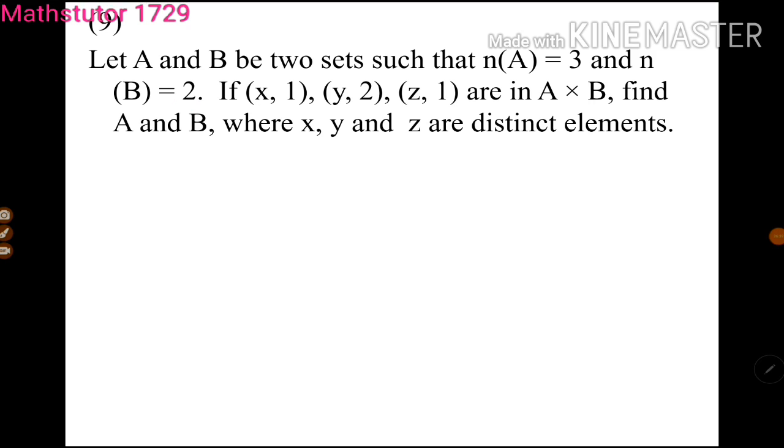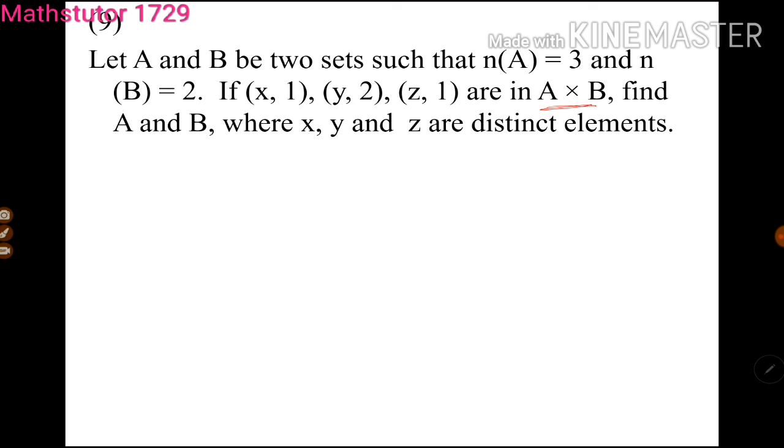Next problem. Let A and B be two sets such that n(A) is equal to 3 and n(B) is equal to 2. If the ordered pairs (x, 1), (y, 2), (z, 1) are in A cross B, the Cartesian product of these two sets A and B, find A and B, where x, y and z are distinct elements.